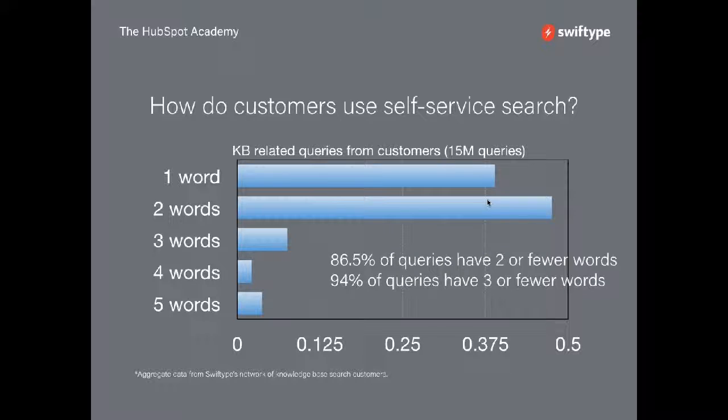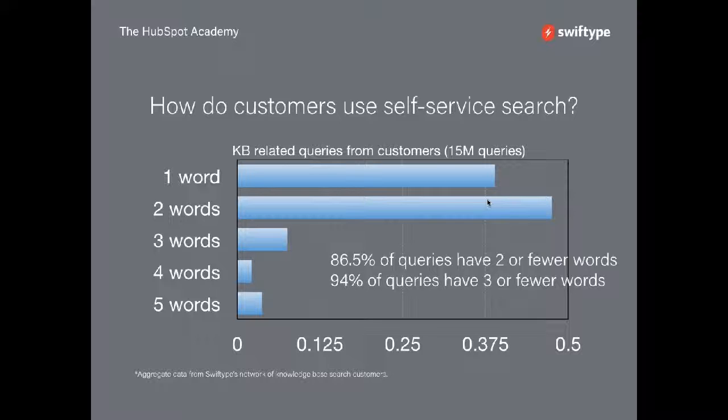So for us here at Swiftype, what we wanted to do was focus specifically on search and how users are using self-service search. Because for us, it's an important part of how we determine relevance, figuring out how users use search engines.